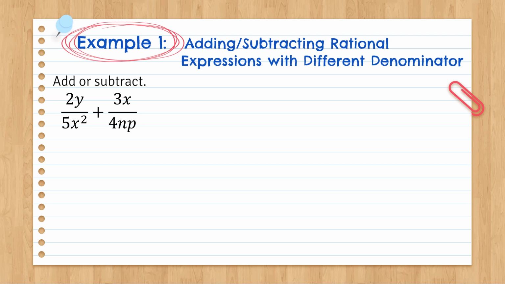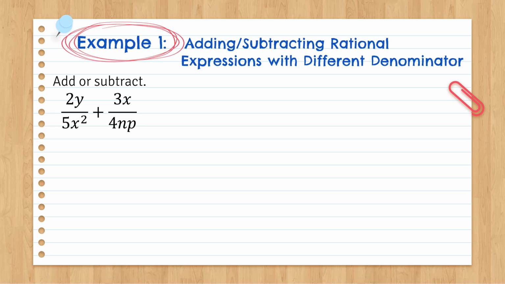For example number 1, we are going to add 2y over 5x squared and 3x over 4np. So you may write or list down first the denominators and then determine the common factor. The numerical coefficient, as you would notice, is 5, which is actually a prime.